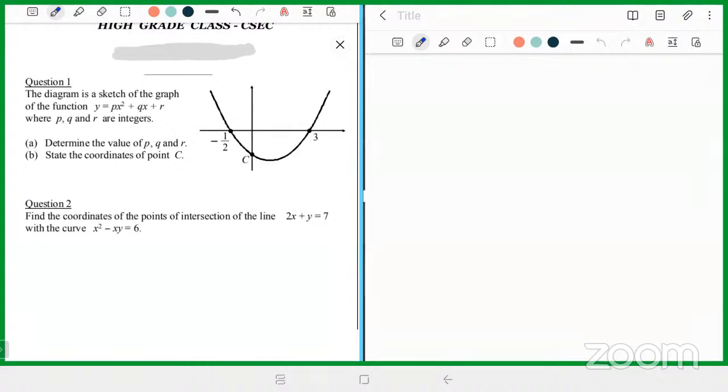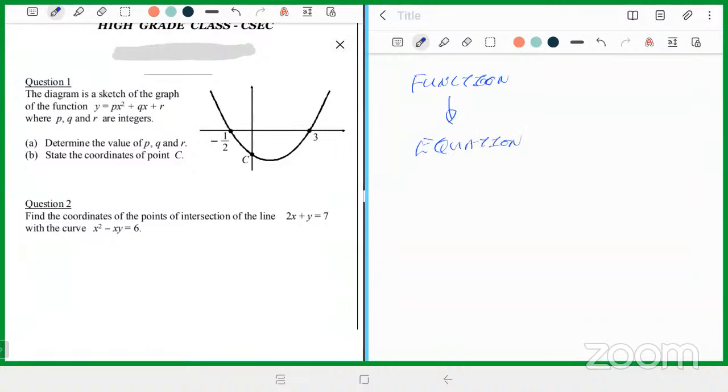Remember, you get the roots from the equation. So you would have the quadratic function, and from the function we get the quadratic equation.